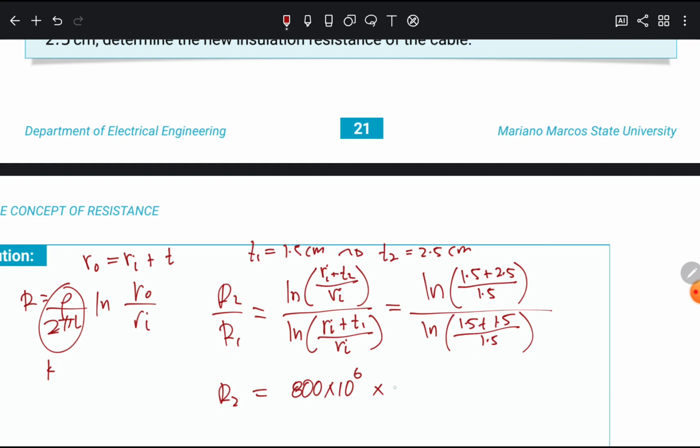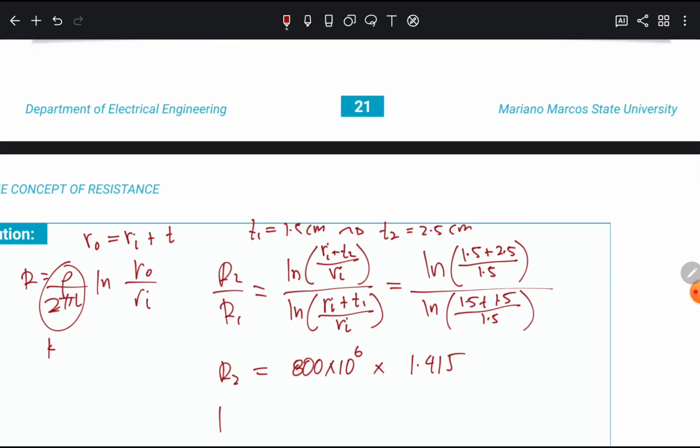And that will be times 1.415. So R2, the new resistance now, will be this one times 800 times 10 to the 6.